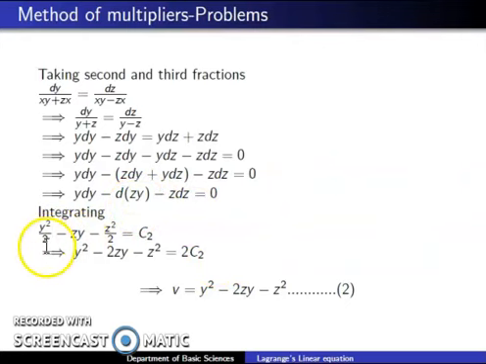So you get y²/2 − zy − z²/2 = c2. Taking 2 as LCM and cross multiplying, we get y² − 2zy − z² = 2c2. So you get v = y² − 2zy − z². Let us take it as equation number 2.